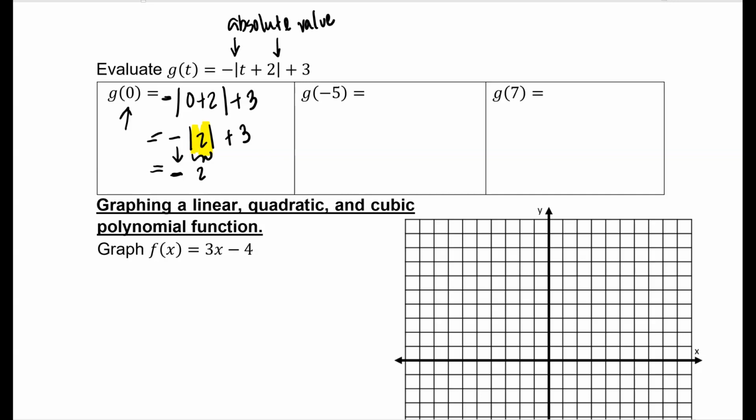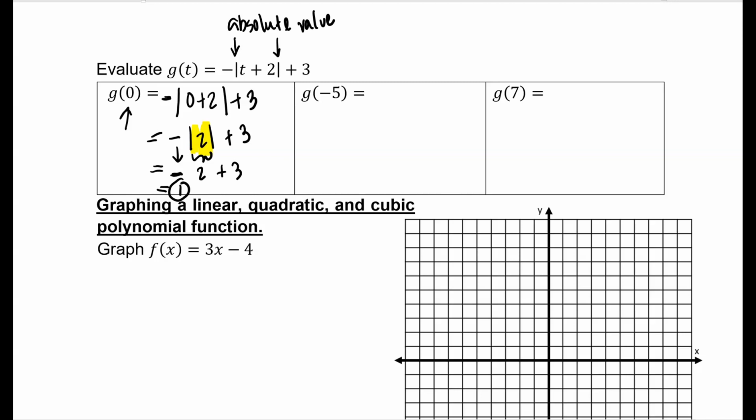So yes, the absolute value of 2 is 2. That's why we drop 2 down. But there's a negative on the outside of it, so you have to drop that negative down as well. So what is negative 2 plus 3? Positive 1 is correct.